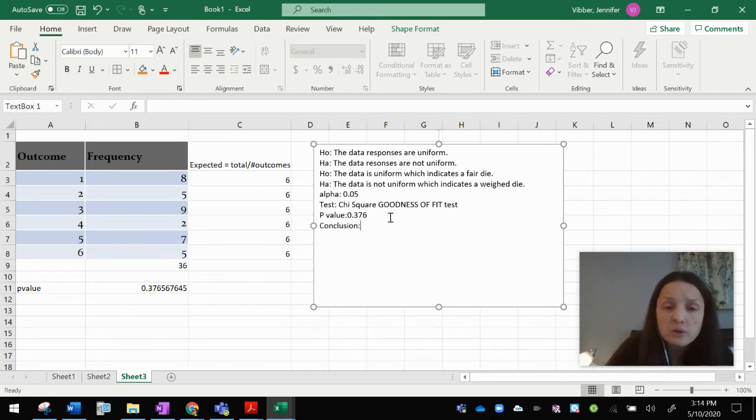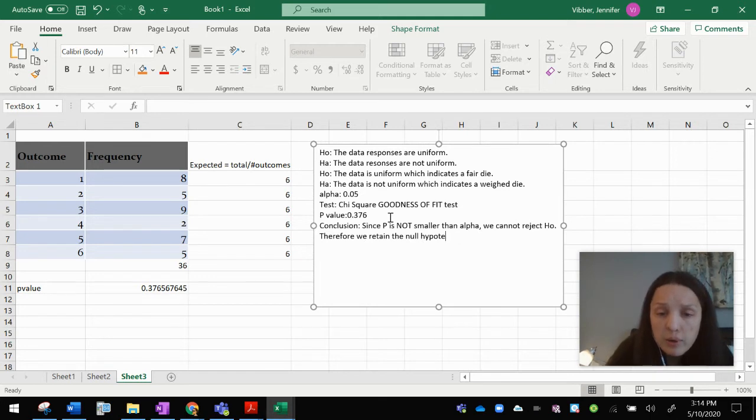So now I make a conclusion. Since p is not smaller than alpha, we cannot reject H sub 0. Therefore, we retain the null hypothesis.